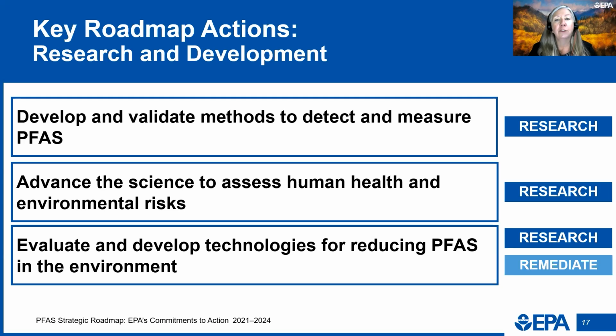Third, we are working to evaluate and develop technologies for reducing PFAS in the environment. And this work will help inform decisions on drinking water and wastewater treatment, contaminated site cleanup and remediation, air emission controls, and end-of-life material management. Next slide, please.